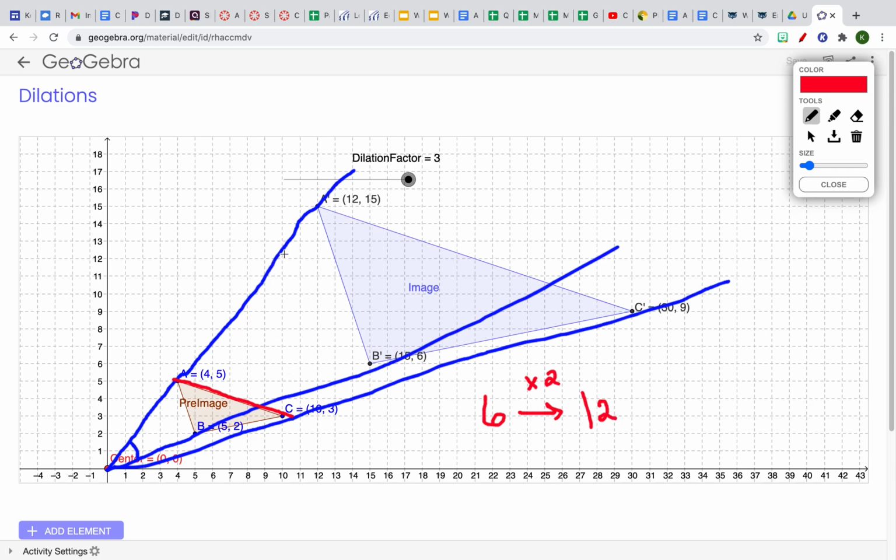You're going to find the space out here where that side length is 12. And then you can connect the dots subsequently. That's if you were doing it by hand.